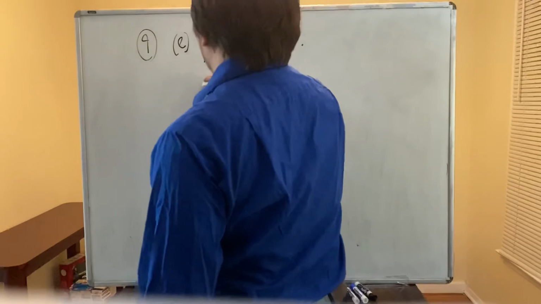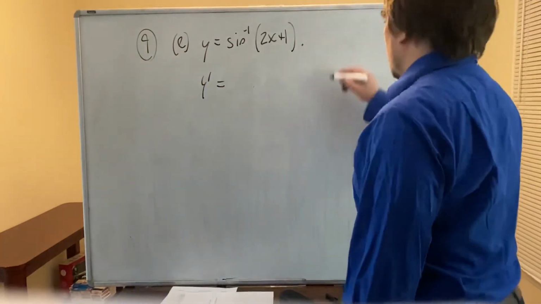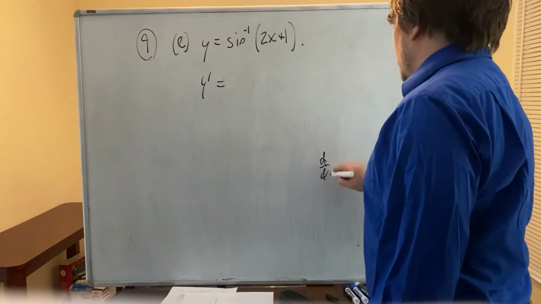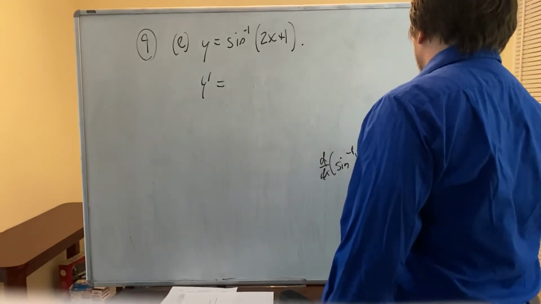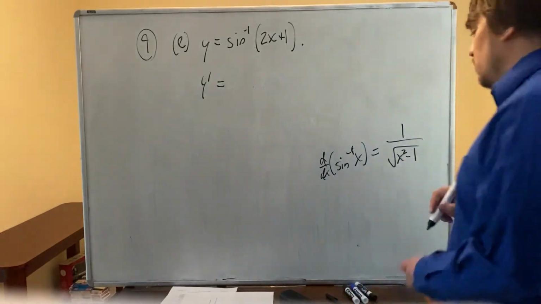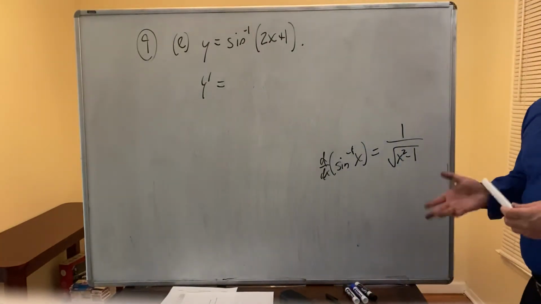Okay, so to find y prime, first d dx of sine inverse x is 1 over the square root of 1 minus x squared. We're going to combine this with the chain rule.